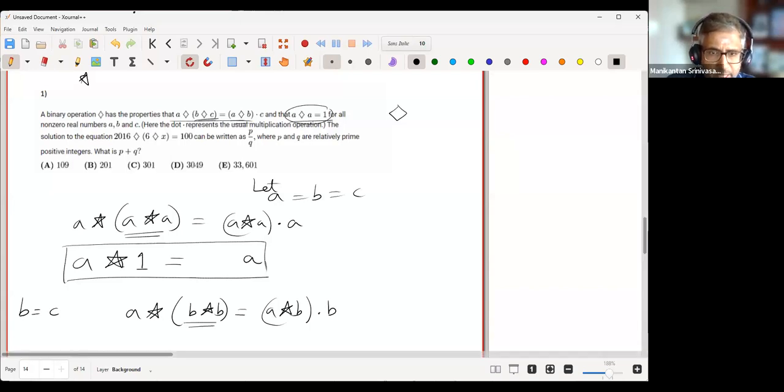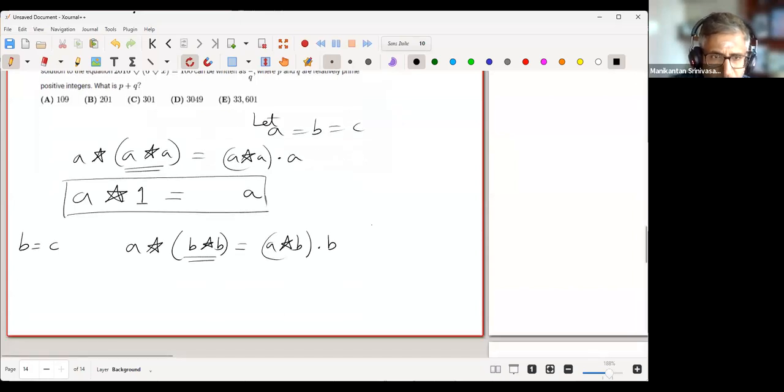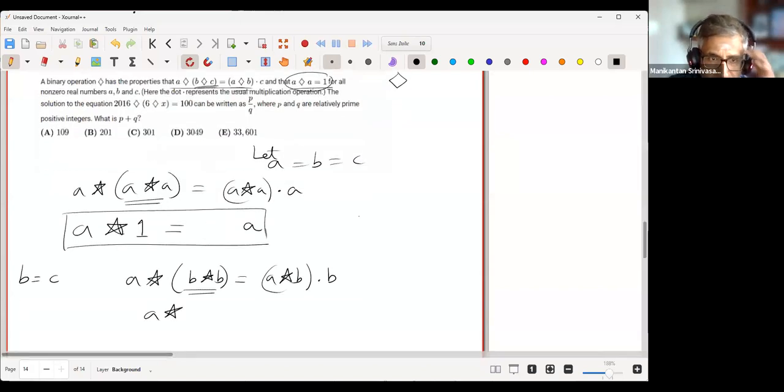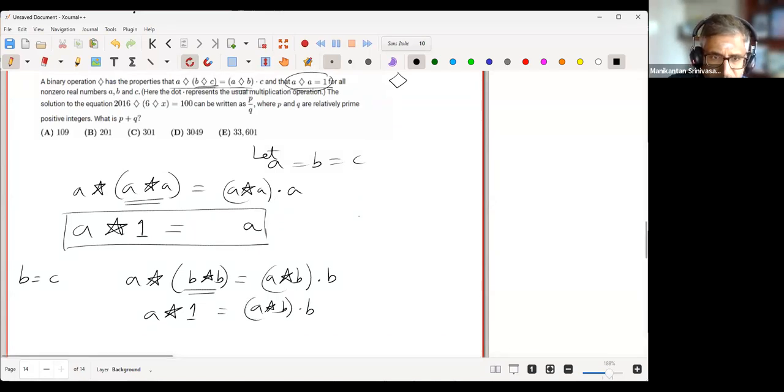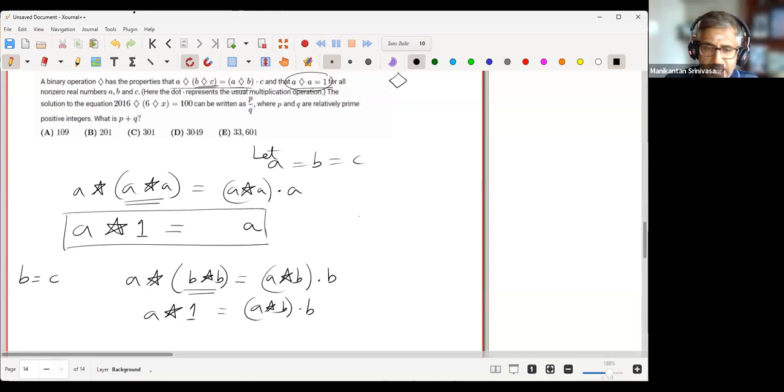B star B I know is 1, because B star B is given to be 1. So A star 1 is A star B times B. This is not telling me much.